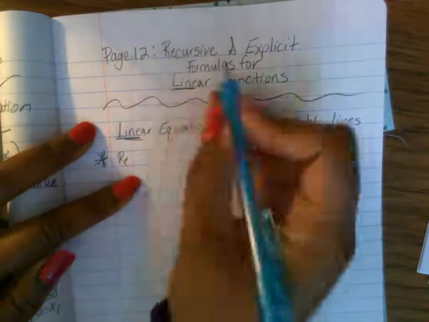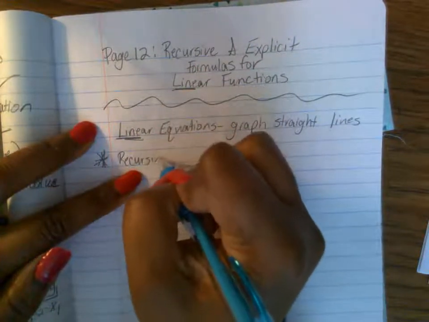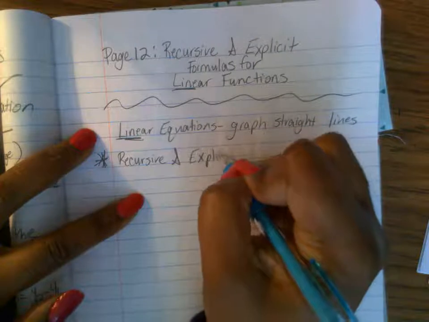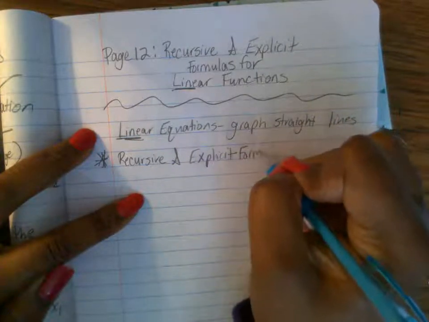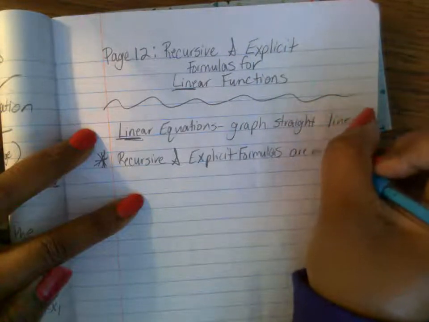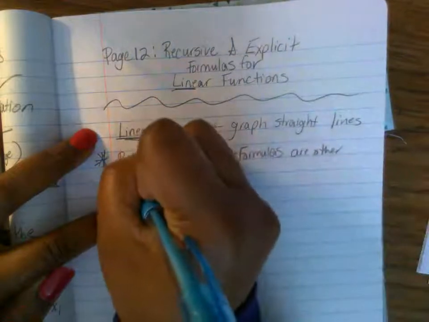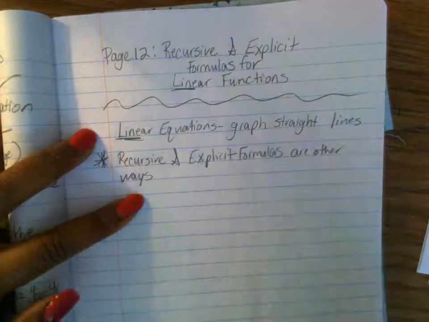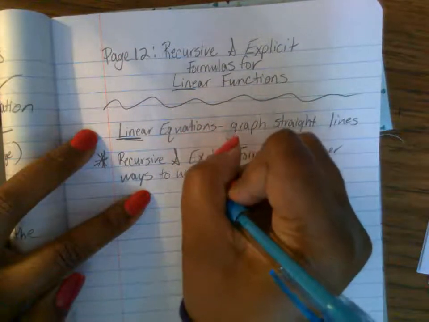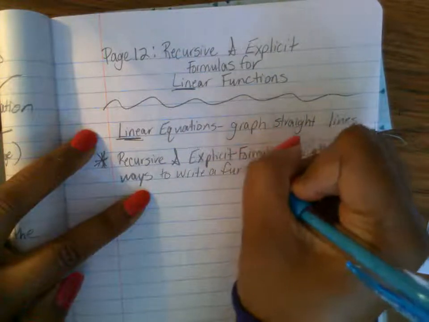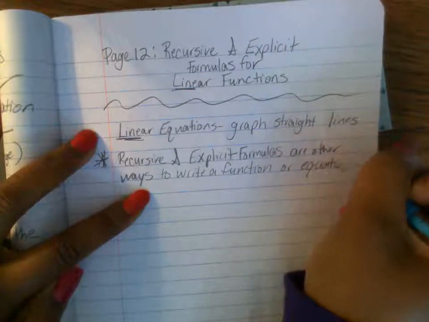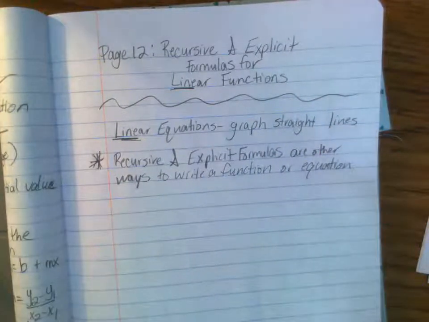Recursive, and this is the and symbol, Explicit formulas are other ways to write a function or an equation.